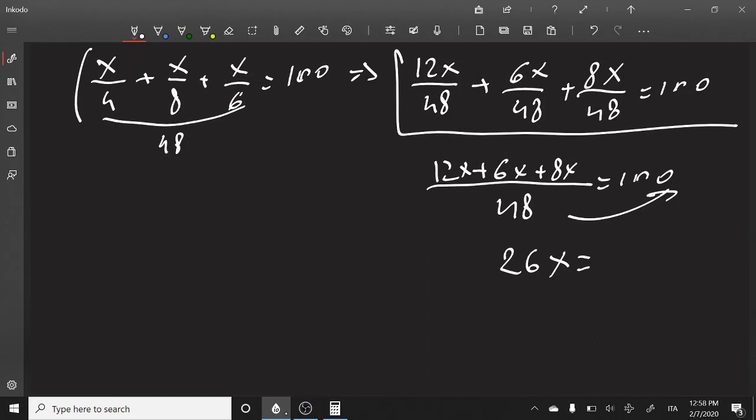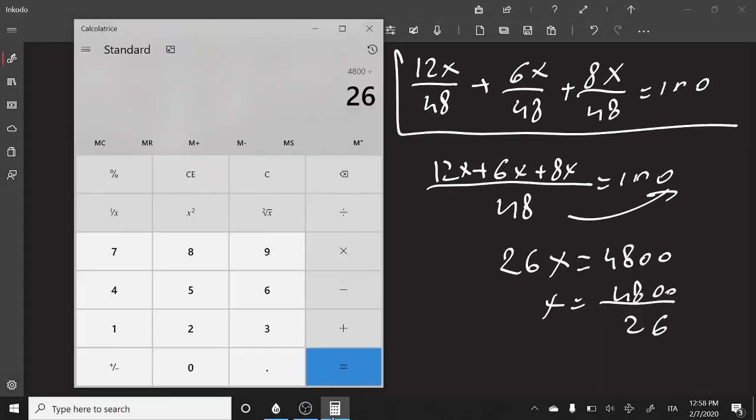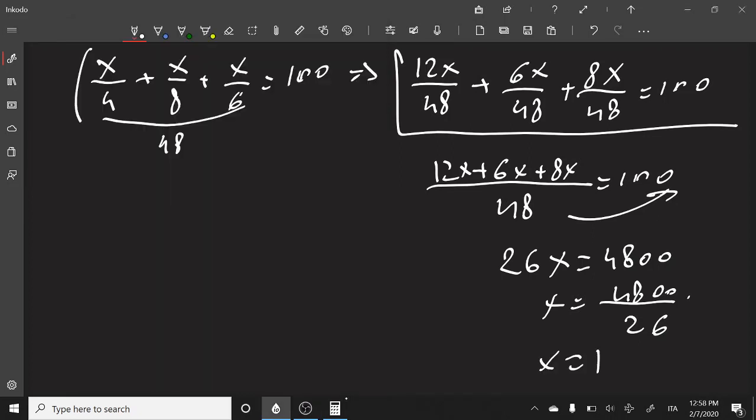Let's make this calculation. Divided by 26, x is equal to 184.61.